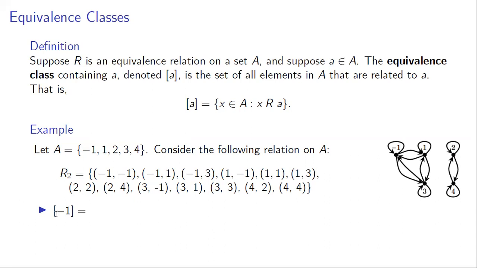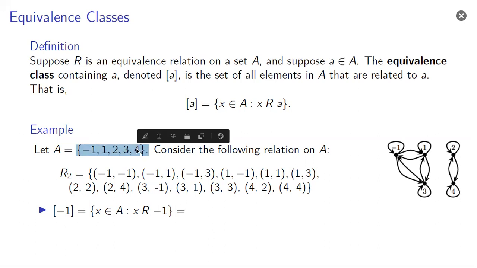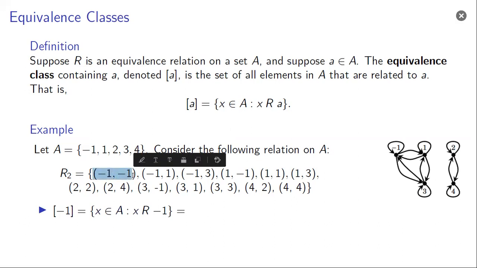Well, following the definition, this should be the set of all X in A such that X is related to -1. So which of these elements are related to -1? We can answer that in a few different ways. We could ask which pairs have -1 in them, and then look at the other part of each pair.